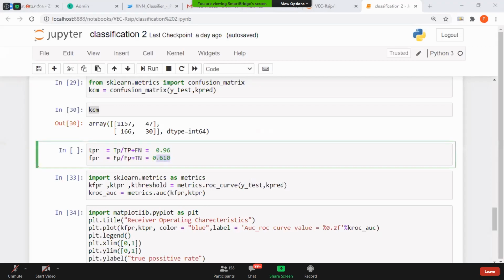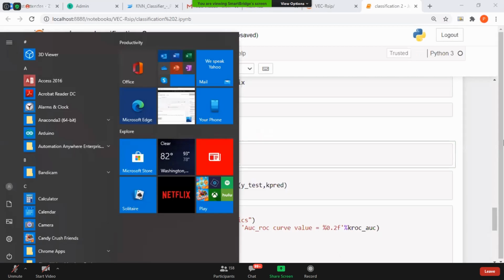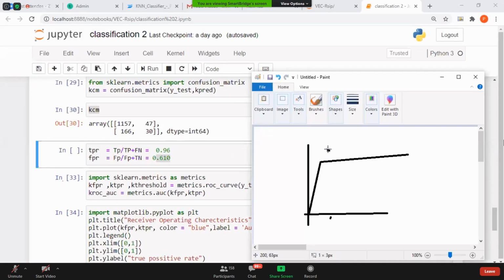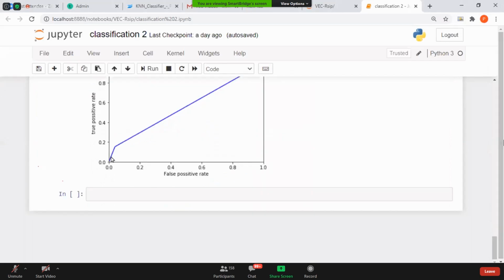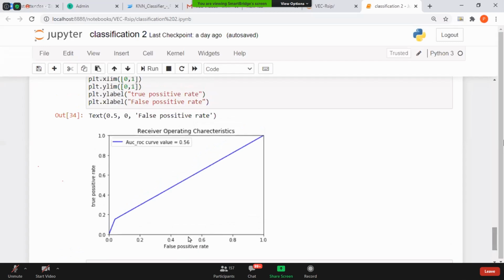That's really fine. But whenever I plot it, I will get only one point. After plotting that AUC, I'm getting something like this. Have you seen this? How is this possible? This is purely based on thresholds.